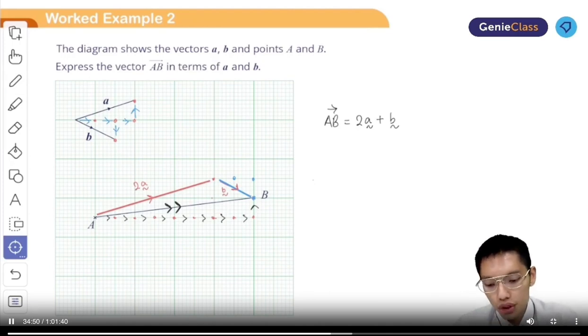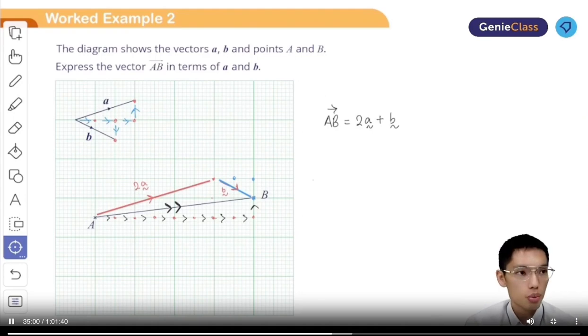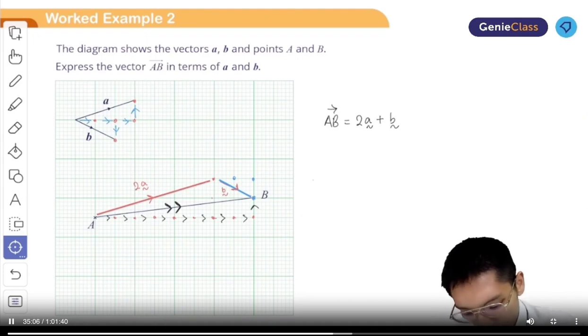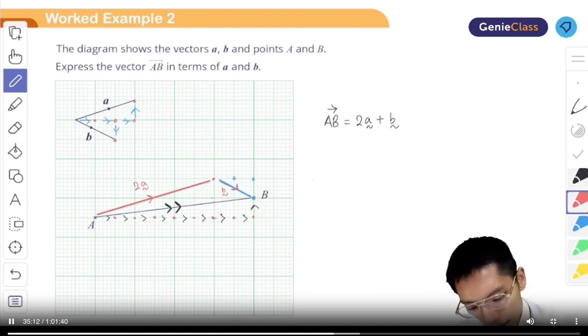In this case, the different combinations may be a bit hard to see. But one way to think about it: my vector is going up, so how do I make sure my vector goes up? And consider the opposite directions as well. If I were to start from B, my vector is now going down.